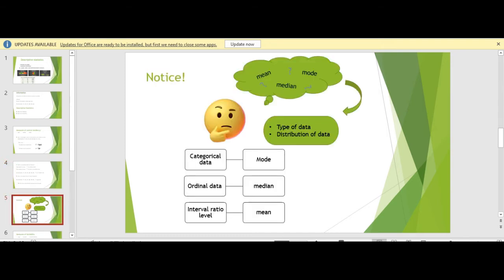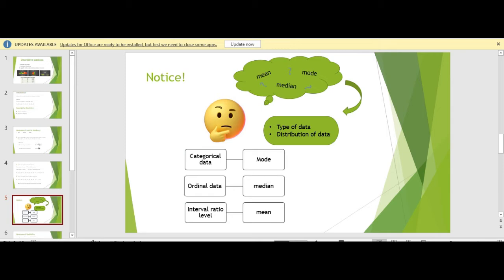But how do we know which type of measures of tendency we should pick? I'd say it depends upon the type of data and also the distribution of the data. I'll explain them in detail in the next videos, but you just know that for categorical data, the researcher would report mode to show what response is most typical.